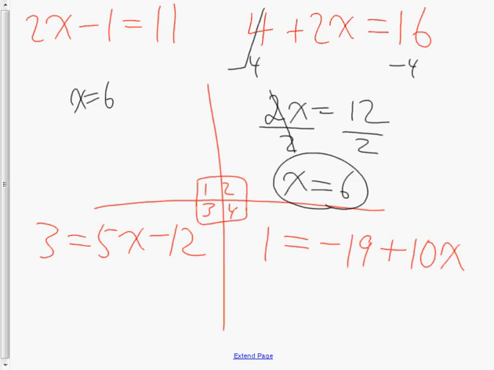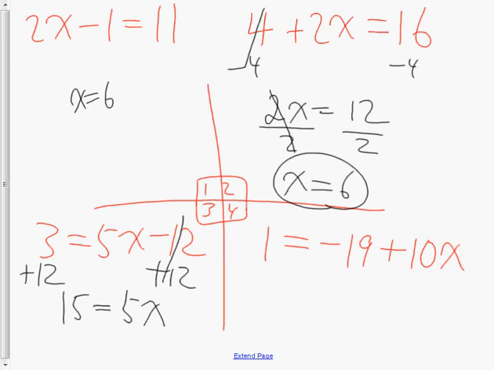For the third question, the difference is my variable is not on this side, which it has been for the other two questions. It's now on your right-hand side. So this is my coefficient, and this minus 12 is my constant. So the first thing I'm going to do is add 12 to both sides, because I want to get rid of that constant and work towards isolating the variable. 5x is left over here, and over here I'll have 15.